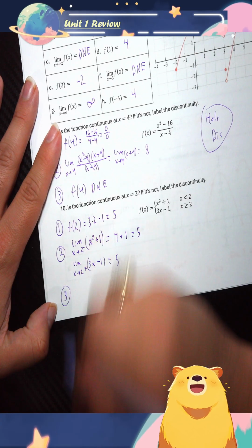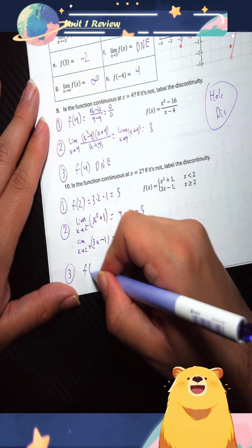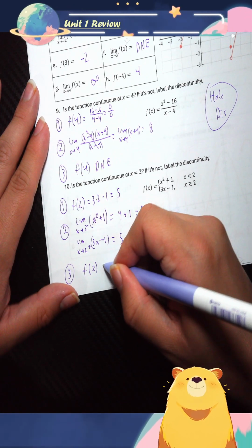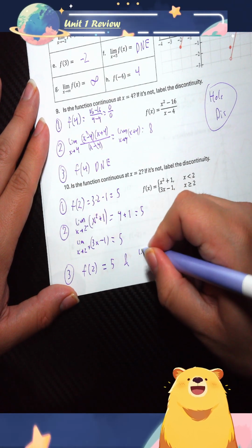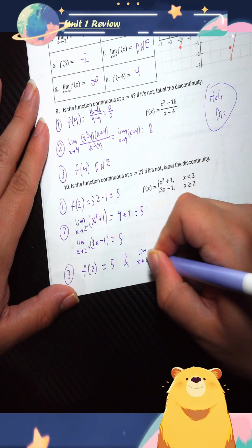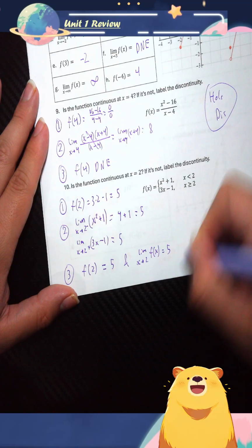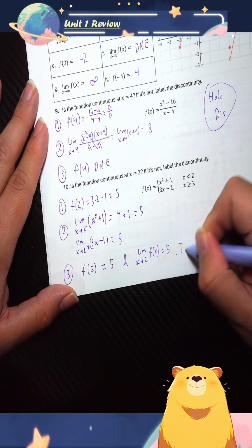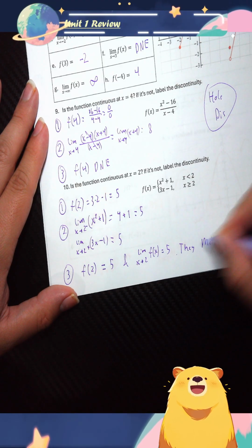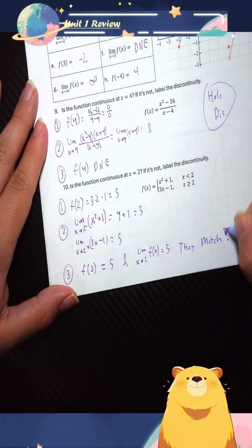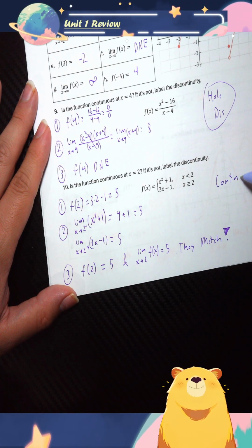Let's check condition 3. We haven't checked condition 3 in a while. We see that f of 2 is equal to 5, and the limit as x goes to 2 of f of x is equal to 5. They match. So therefore, it is continuous.